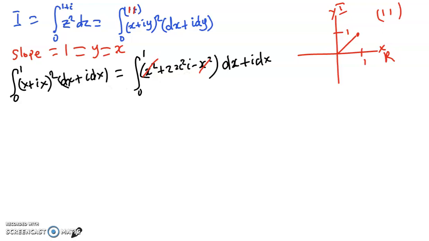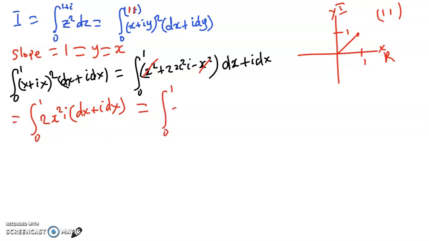So now what we are going to integrate is the integral from 0 to 1 of 2x squared i dx plus i dx. This can be represented if we separate both the real and the imaginary parts. This is from 0 to 1.